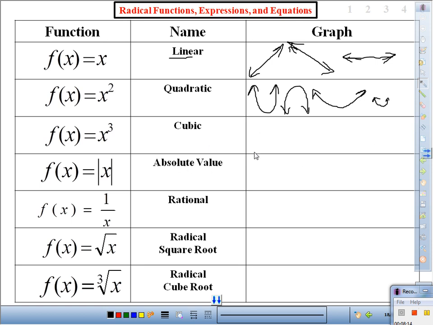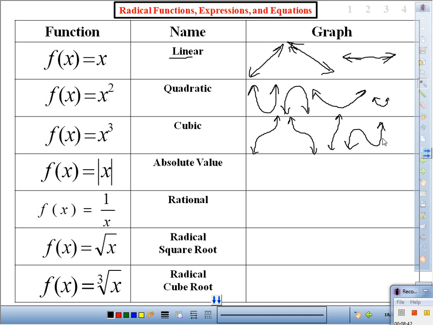Next, cubic. Negative cubic. Stretched cubic. How about stretched vertically? Yeah?